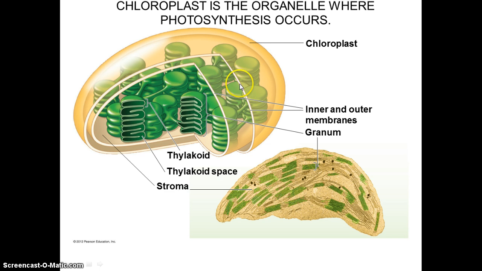It has an outer membrane, an inner membrane, and inside is a fluid called the stroma. It has stacks of green discs, and each green disc is called a thylakoid. Inside the thylakoid is a space called the thylakoid space, and outside the thylakoid is the stroma. This whole stack of thylakoids is called a granum.